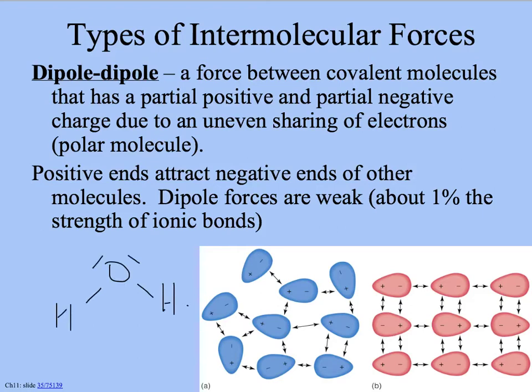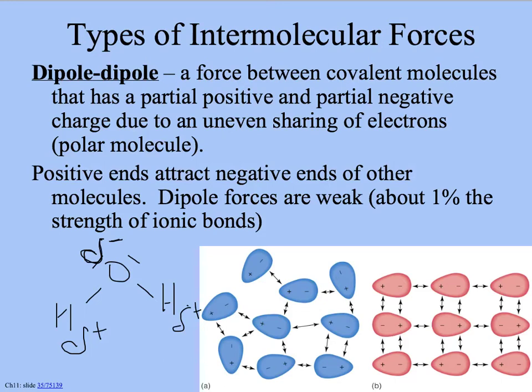When we've got a polar molecule, what we've got is an uneven or unequal sharing of electrons. The more electronegative element is going to have the partially negative charge, so we use this delta negative symbol, and hydrogen, which has the lower electronegativity, has the partially positive charge. So polar just means that we have two oppositely partially charged ends of the molecule.